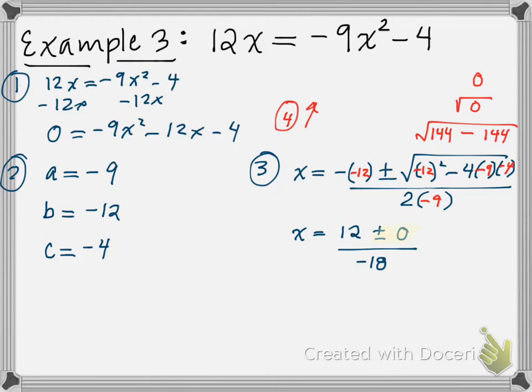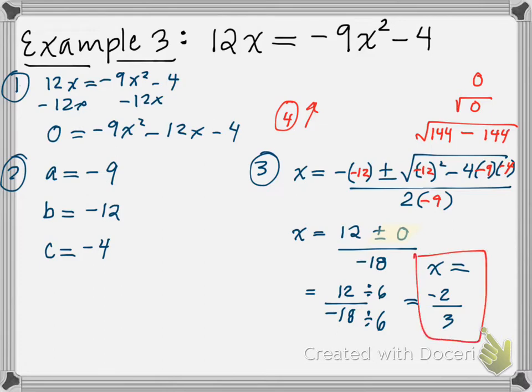So essentially, I only have one solution here, which would be 12 divided by negative 18, because the 0 isn't changing anything. And I know I can simplify this by dividing by 6, and I get negative 2 over 3. So now I know x is equal to negative 2/3, and that is the only solution.